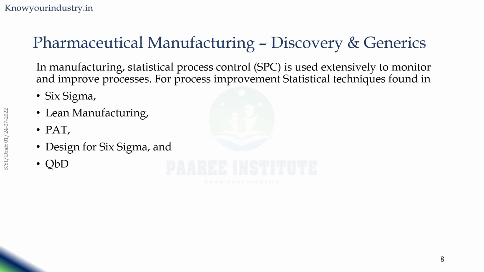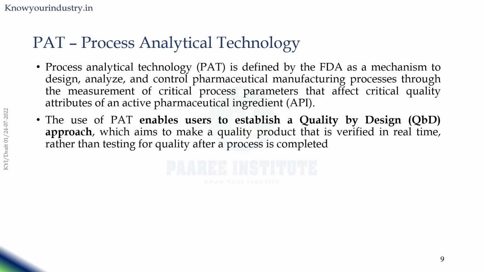In the pharmaceutical manufacturing process, whether it is a discovery process or a generic process, statistical process control, SPC, is used extensively to monitor and improve the process. For process improvement, statistical techniques are found in Six Sigma, quality process, lean manufacturing, process analytical technologies, design for Six Sigma, and quality by design.